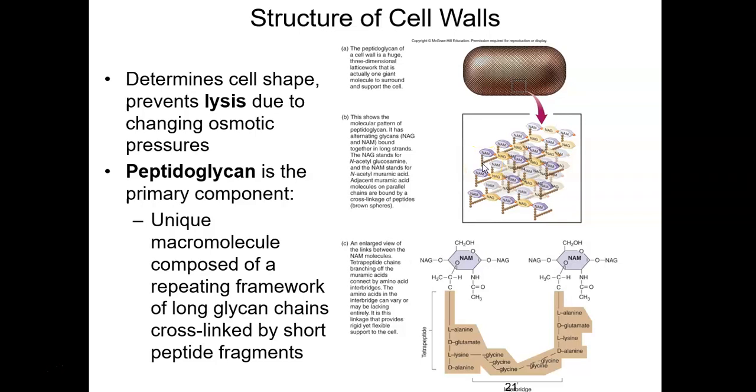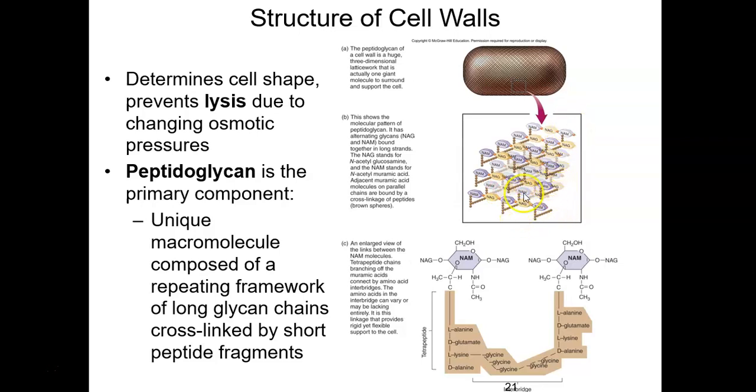So if you think about making a Lego structure, if I was to make one long chain of Legos and I wanted to snap them together and connect them to another level of Legos, this tetrapeptide bridge here would be the piece that connects this layer to another layer below it. So we could make these cell walls several layers thick.